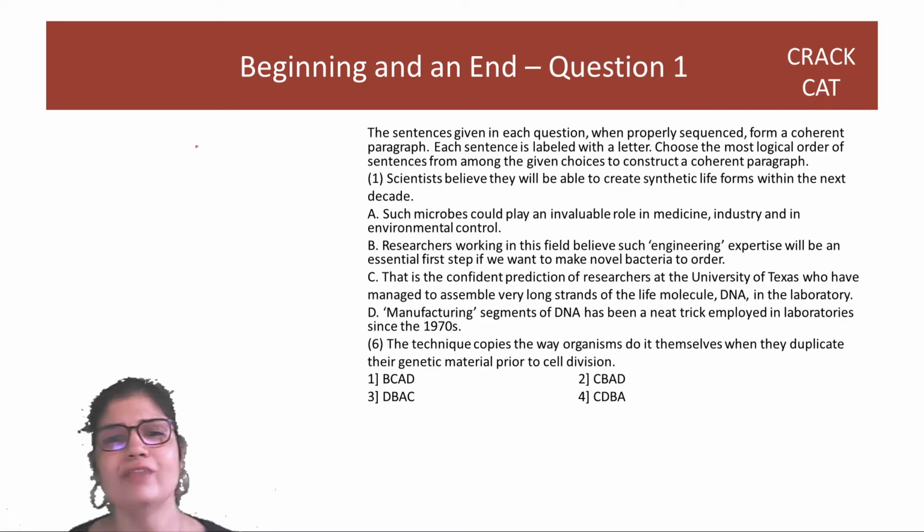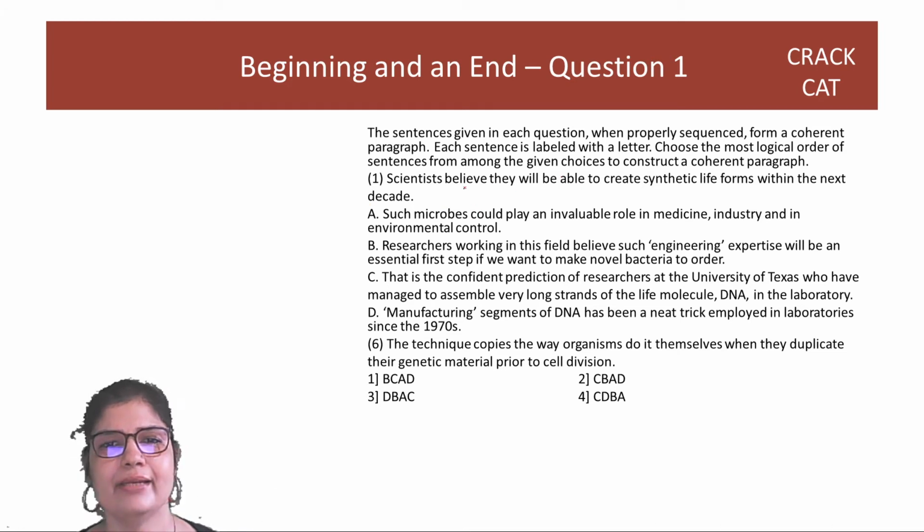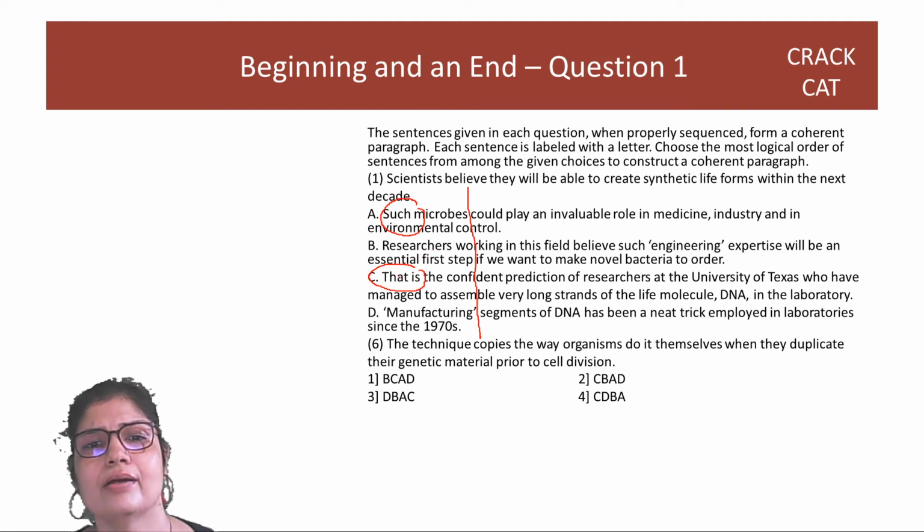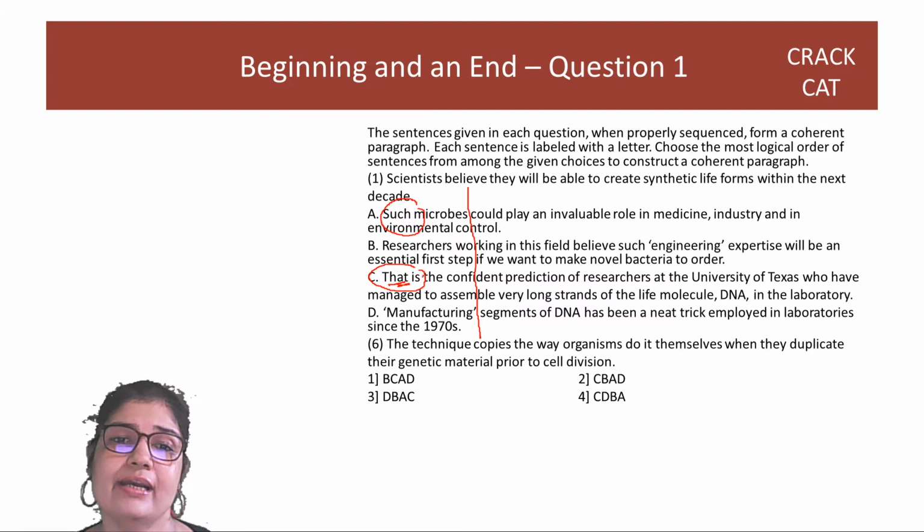Okay, so first of all, when I have any jumble paragraph, I first just read the beginning like this. So such microbes, researchers working, that is manufacturing segment. So and then I focus on these things, right? कि that is क्या है, ये such क्या है, right? So here I'll focus on this when I read कि ये कहाँ पे fix होगा.